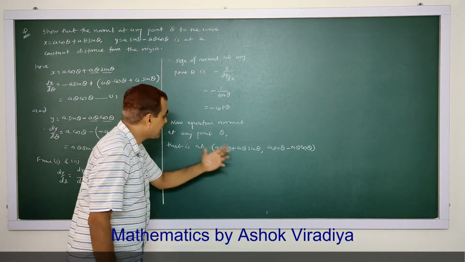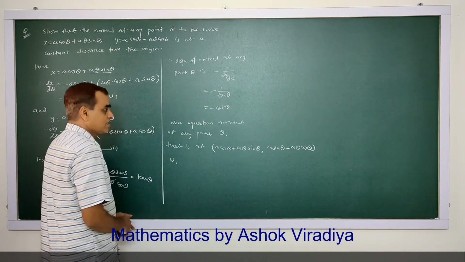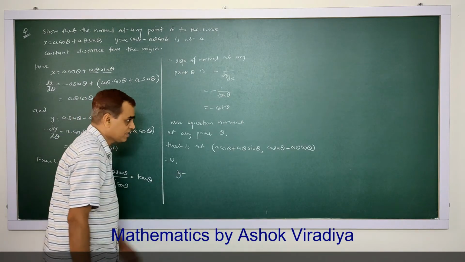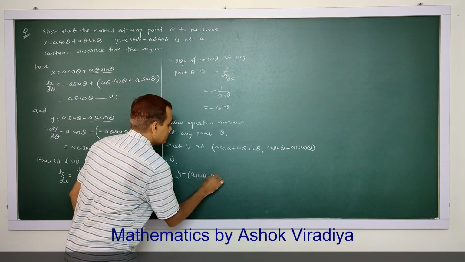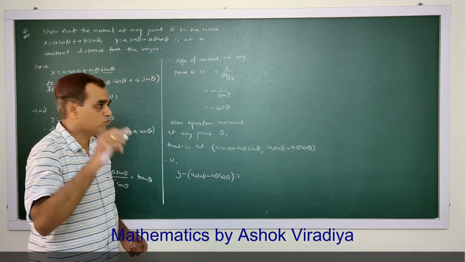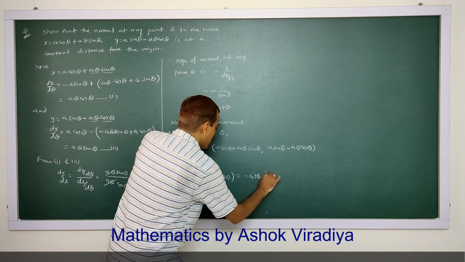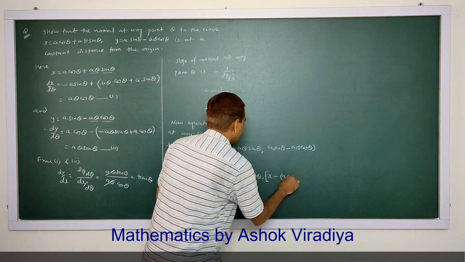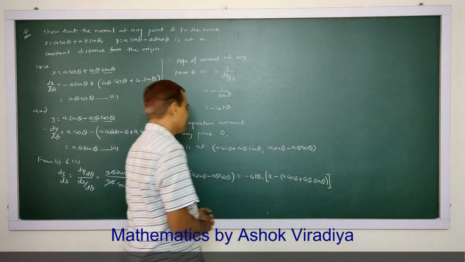So at any point theta, that means at this point, the equation of normal is y minus y1 equal to m into x minus x1, where m is the slope, and x1 is a cos theta plus a theta sin theta.